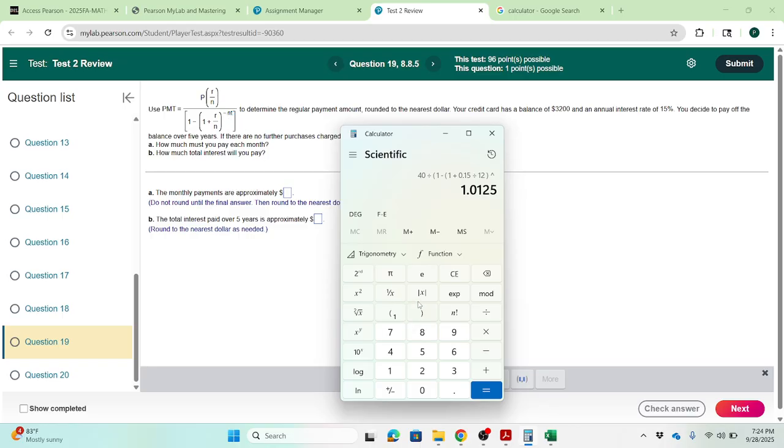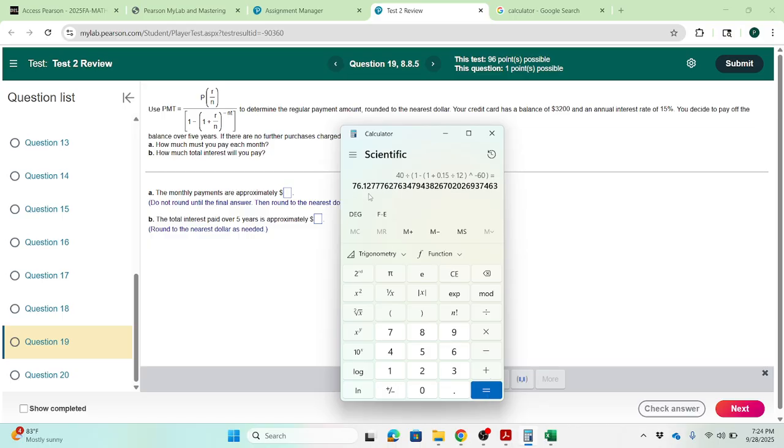Before you use the negative sign, use n times t, which is 12 times 5, which is 60. Type 60 and use this symbol for the negative sign. Don't use this one. Okay, and then parenthesis close, hit enter.